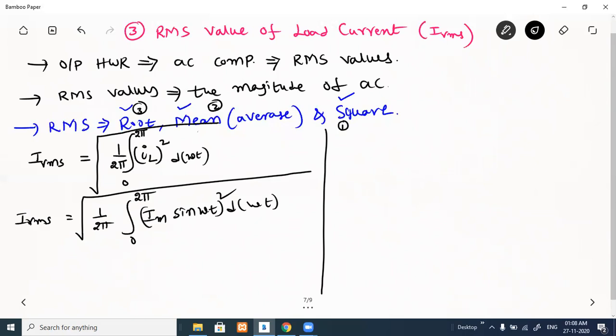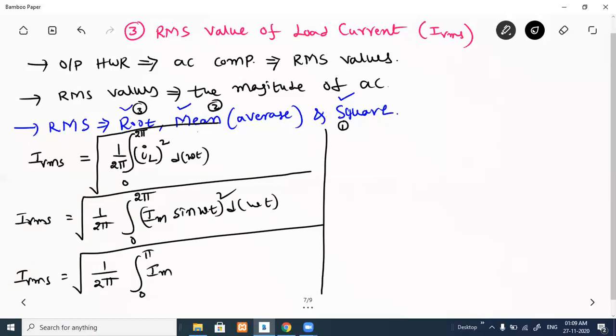Since it's a half wave rectifier, from pi to 2 pi no load current flows, so IRMS becomes square root of 1 by 2 pi integral 0 to pi of Im sin omega t whole square d omega t.